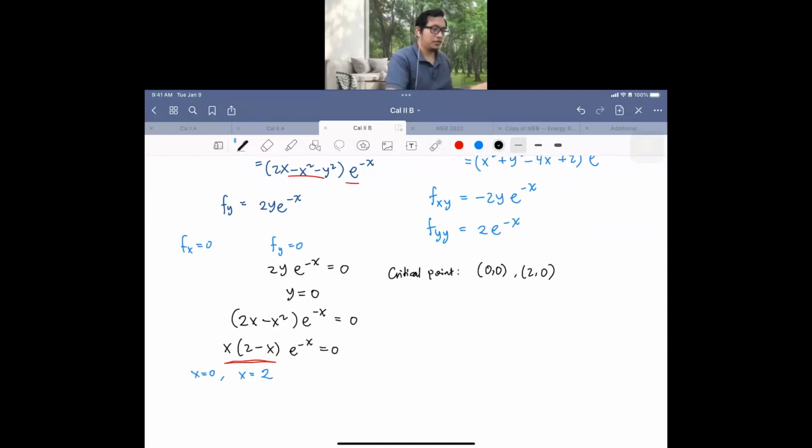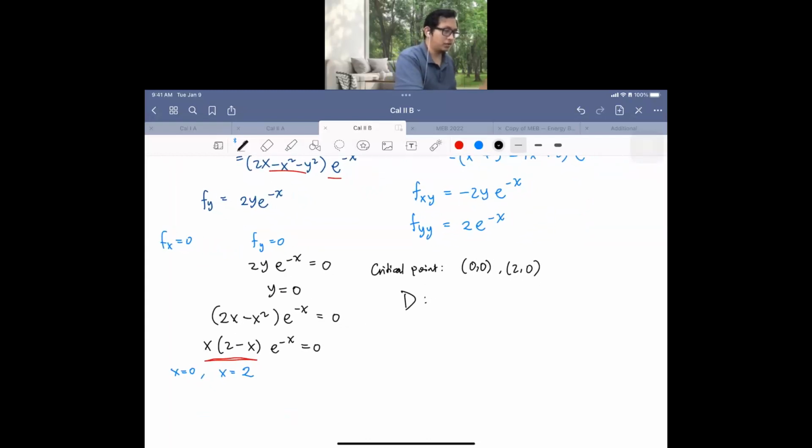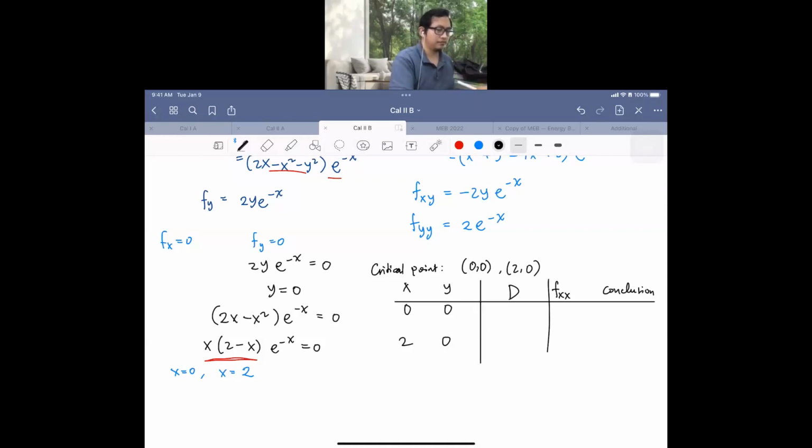Now we are going to check D for each one. We can have the points 0, 0 and 2, 0, with columns for D, x, y, f xx, and conclusions.